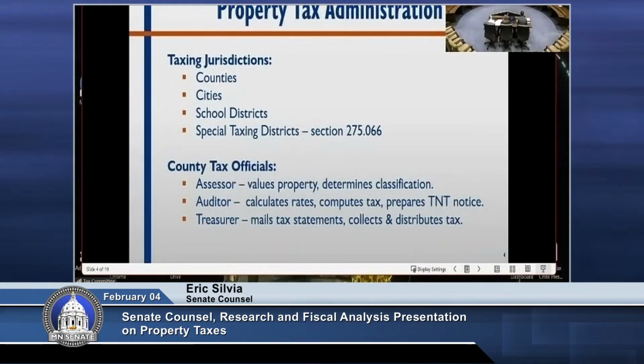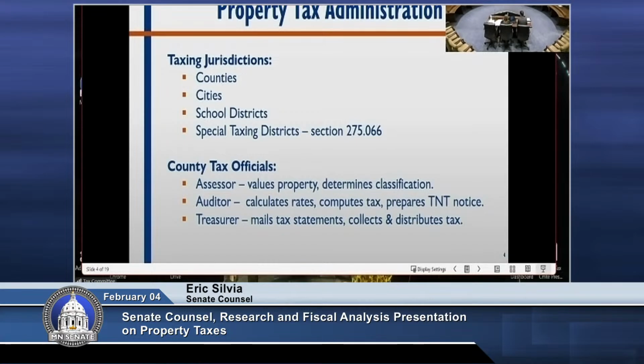Except for the state general levy, which will be the topic of a later slide, property taxes are primarily local and were local until 2001 when the state general levy was established. Taxing jurisdictions are those entities that have taxing authority. And we think about the three basic taxing jurisdictions, those being counties, cities, school districts.